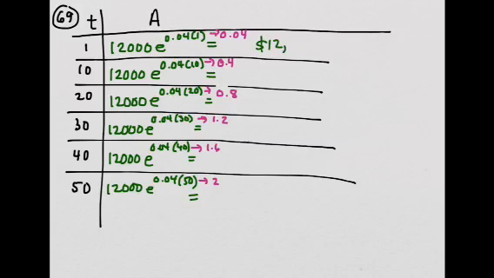12,489. And then for this one you get 17,901. For this one you get 26,706.